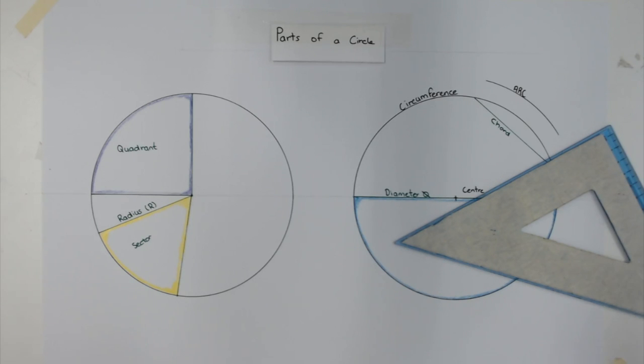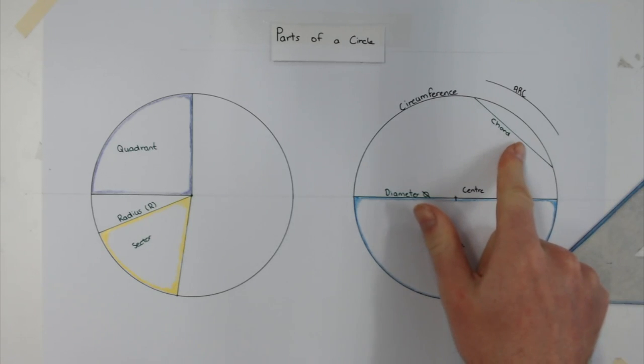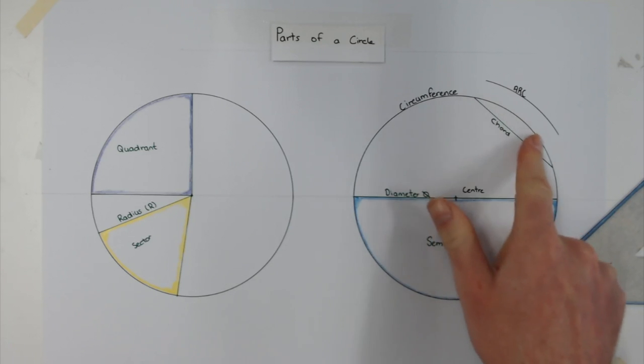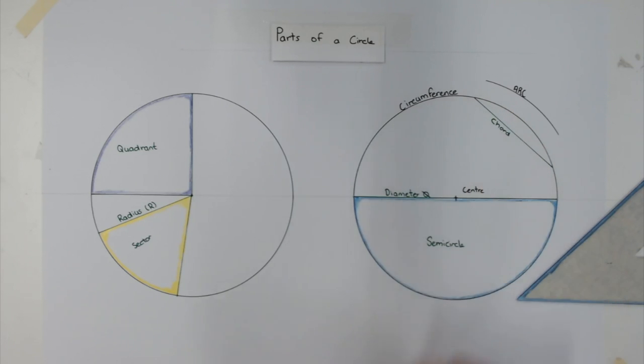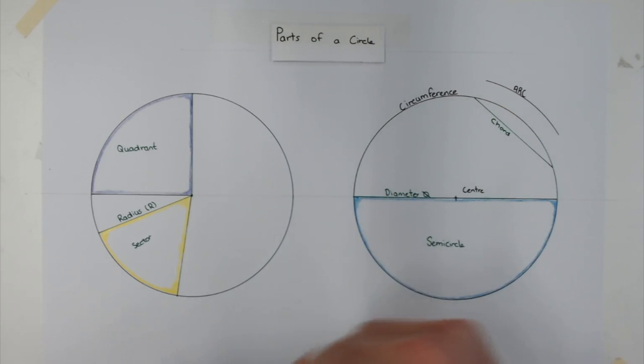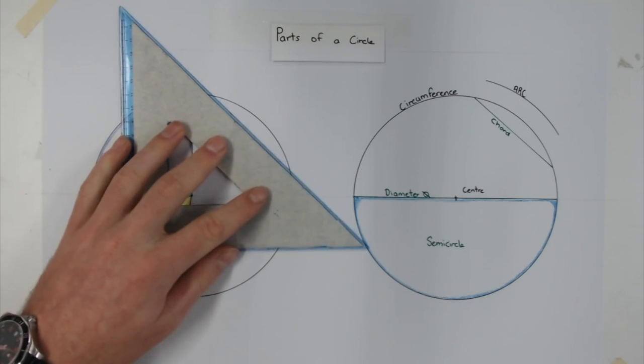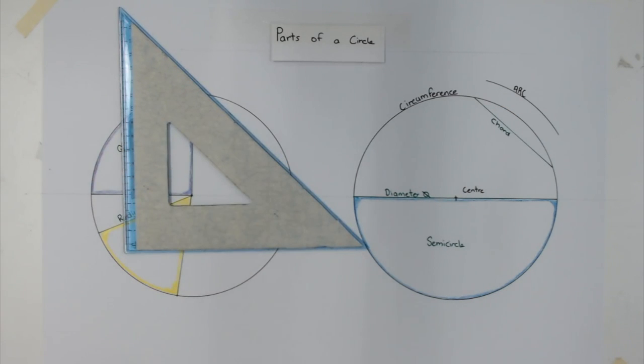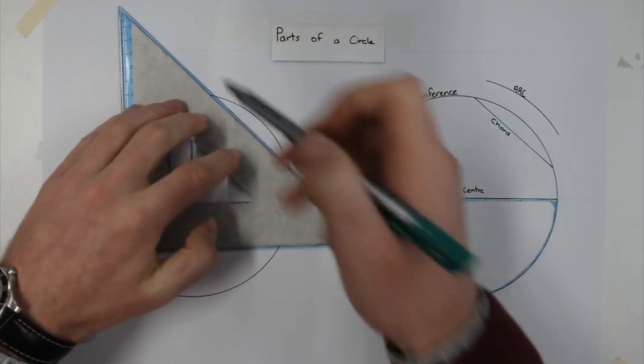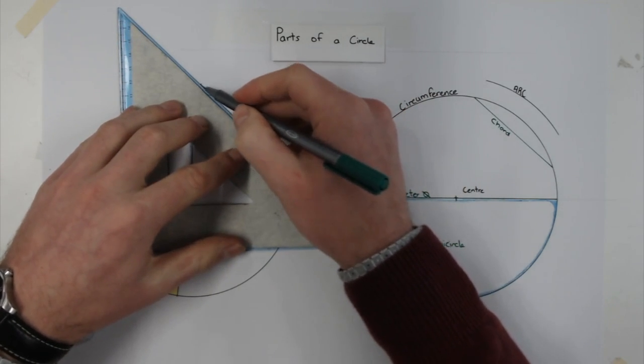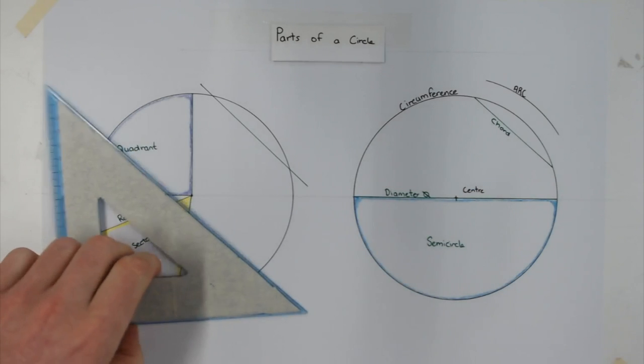The final thing I want to look at is, we had a chord over here in our previous circle, okay? I want to look at what the area in here of the chord is called. So if I draw another chord over here, choosing any point at random, taking my pen and drawing it through, okay?